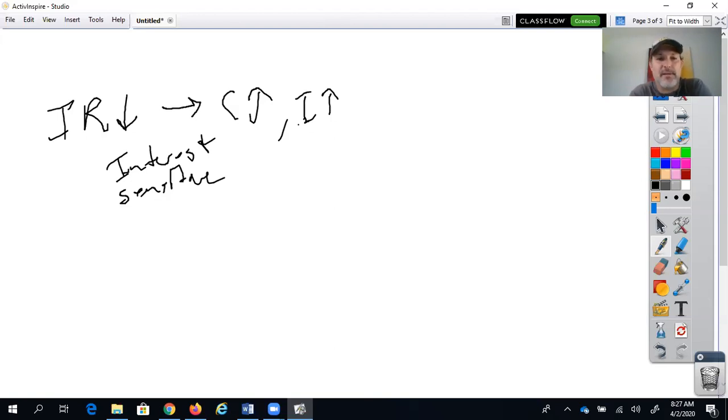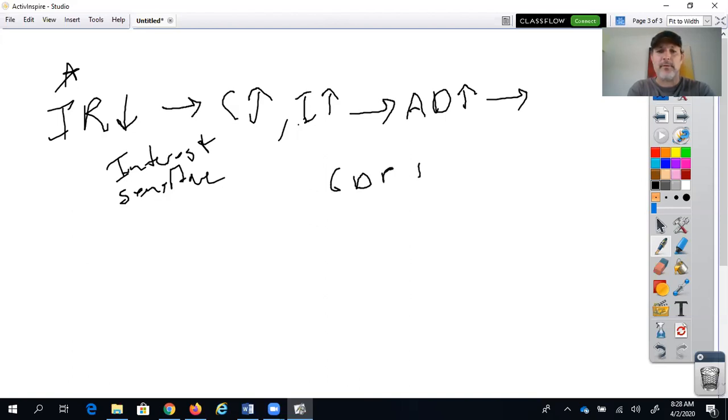So if interest rates go down, this is what the Fed does. Interest sensitive expenditures, C and I, increase. If C and I increase, those are both part of the aggregate demand formula, so aggregate demand will increase. If aggregate demand increases, it gives us a whole bunch of things. Now, this is the part on the explanation.